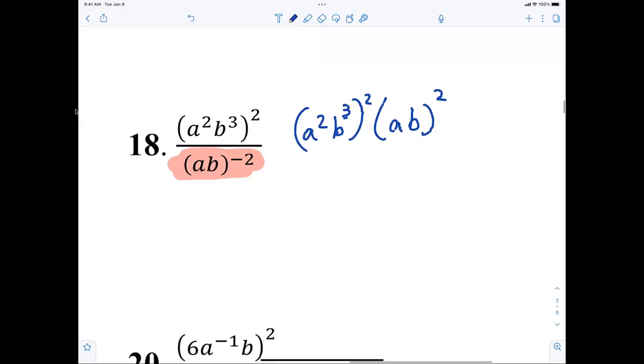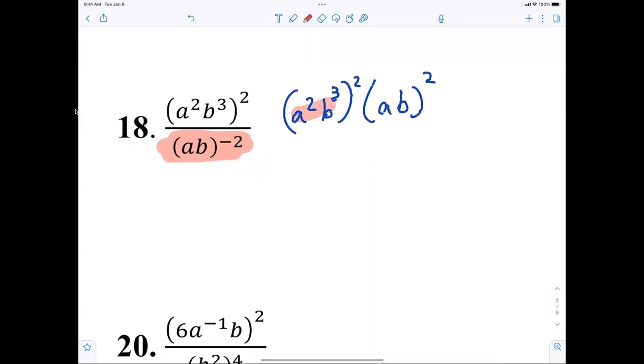All right, now Miss Clifton, help me out. What is this going to simplify to? You are amazing, girl. Very nice. Now, what's the other side over here? You are amazing, girl. And now what?